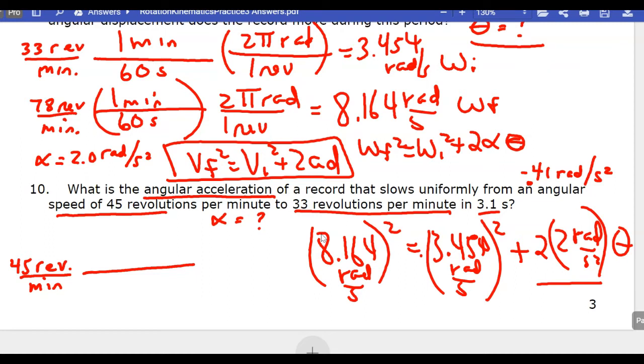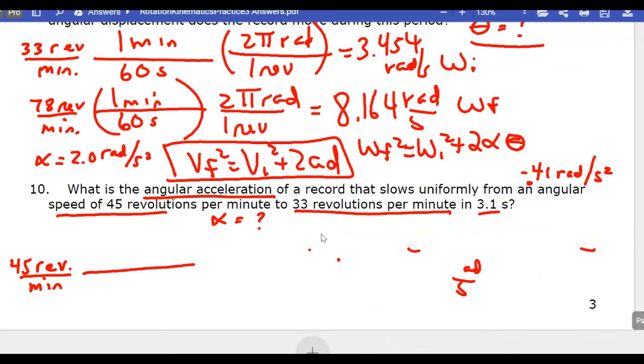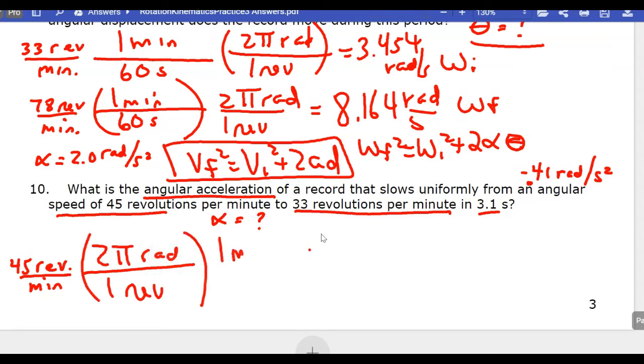I'm going to clean this up because I need some room. A record slows from an angular speed of 45 revolutions per minute. I hope you know right away we've got a problem there that we can fix. 1 revolution is 2 pi radians. Just like before, 1 minute on the top, so it cancels out.